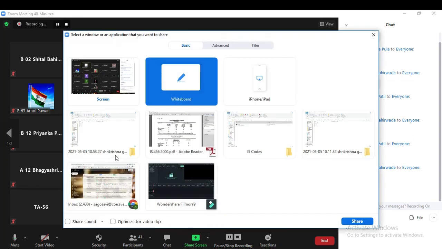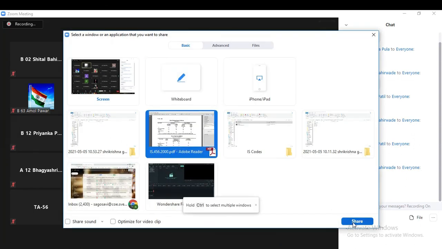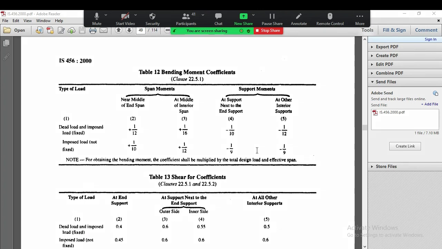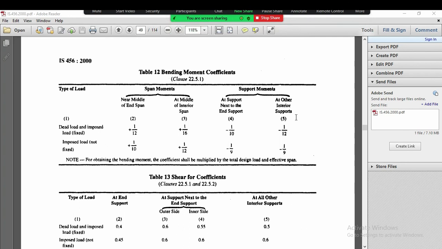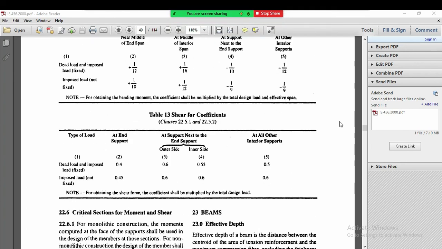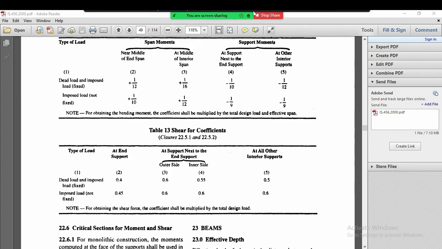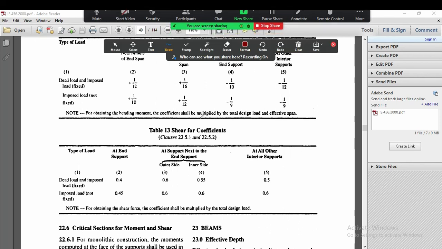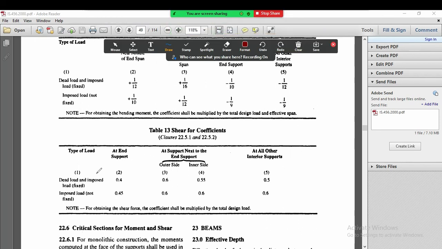So here, if you go to the IS code, this is our table number 13. This is your dead load. This is live load. And see the maximum coefficient.